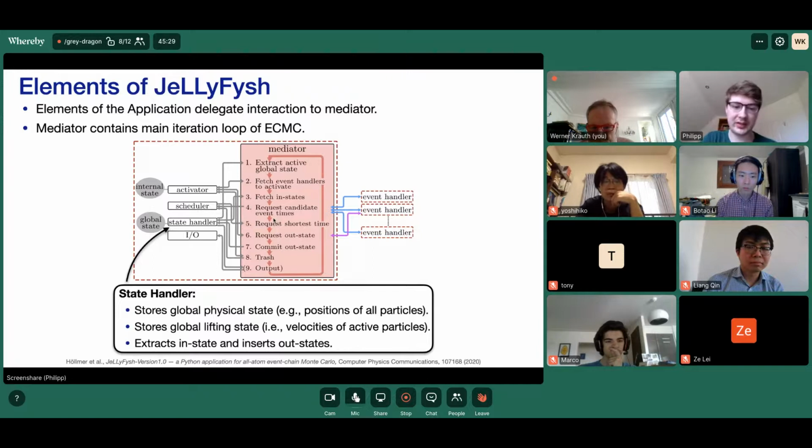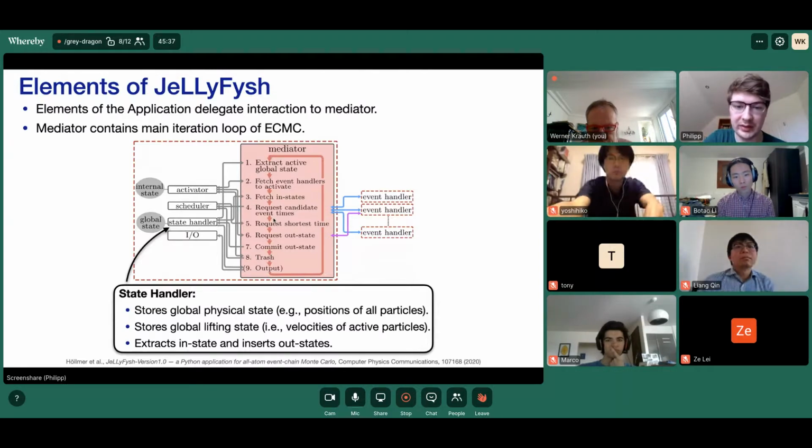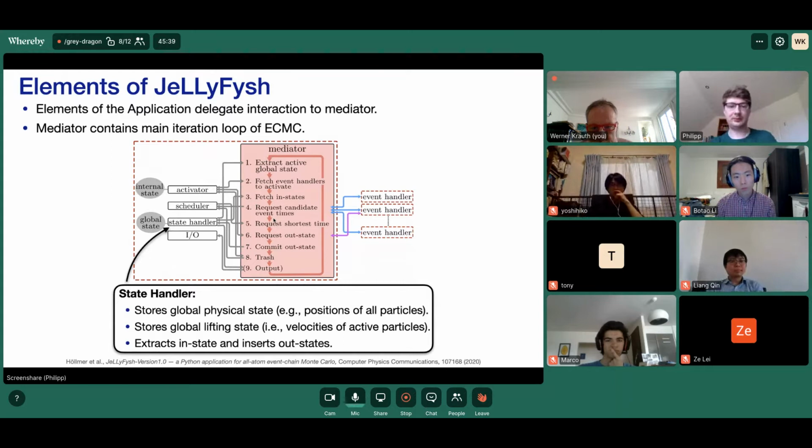Surely, it also extracts the instates from this global state, which are needed by the event handlers, and it also inserts outstates. So this is relevant in step 3 and in step 7. And just if I may say, here you also see this mediator design pattern. It's kind of the central block, and the elements that have to handle the event handlers don't even have access to the million or so particle coordinates of the system.